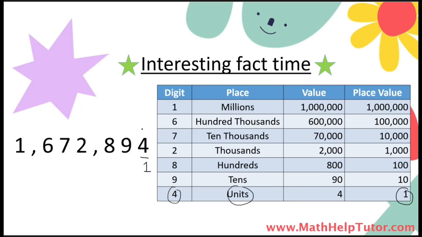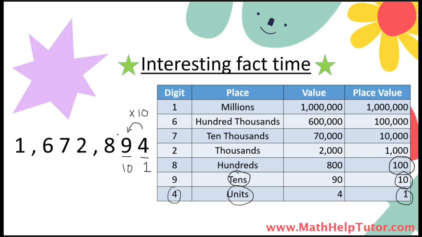Now, a digit to the left side of another digit has a place value that is 10 times more. So the digit 9, which is in the tens place, has a place value of 10, which is 10 times the place value of the ones place.